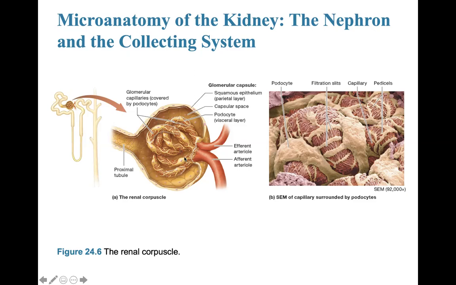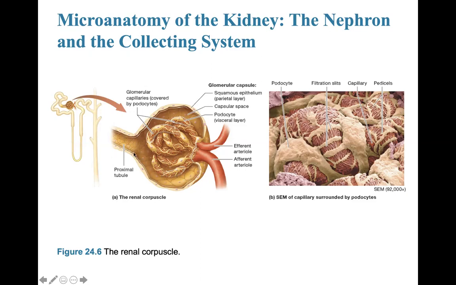Okay. The visceral layer is this tan area that you see on the actual capillaries. And you can see these little slits that are formed by that visceral layer. Okay. This is the parietal layer here, which is going to form the outer walls of the capsule. And then you have the space here that the filtrate will accumulate in, which is referred to as the glomerular space.